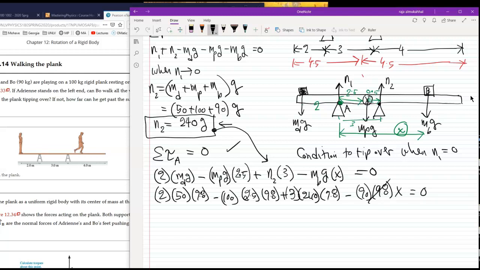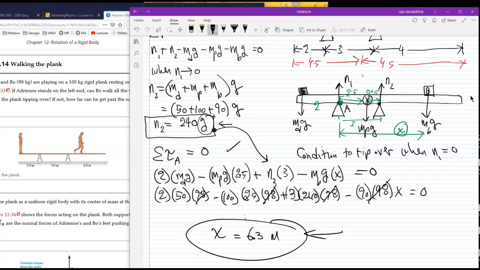The 9.8 could cancel out, all of them have 9.8. See how convenient it is when you leave that G there? Then you just work it out, it's pretty simple, and you get X equal to 6.3 meters. And there we go.